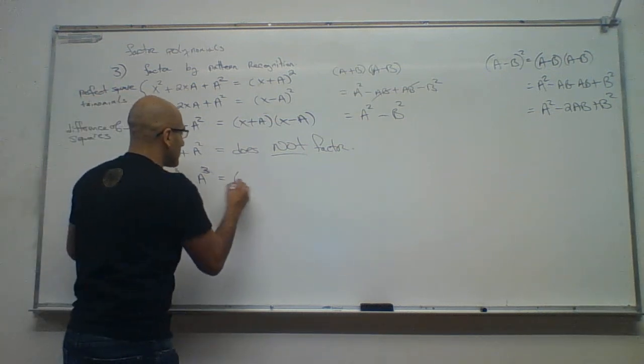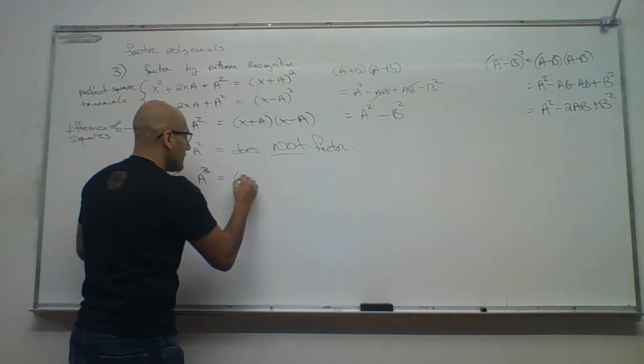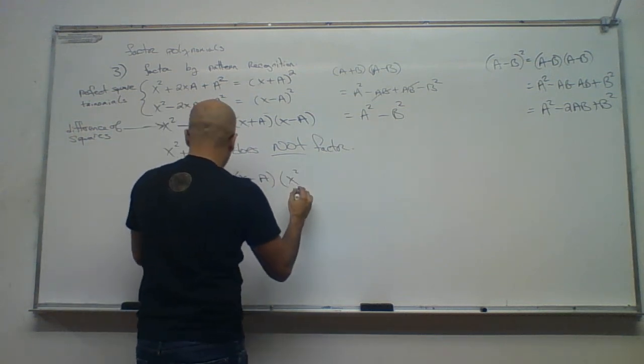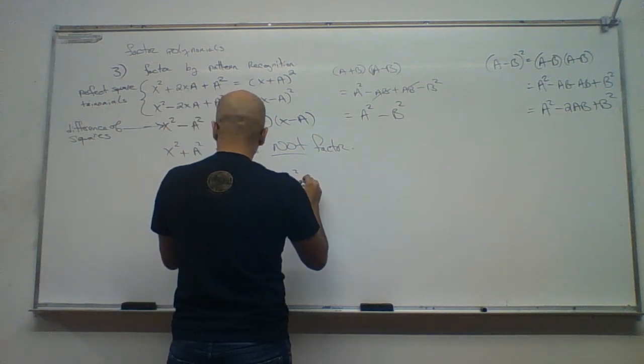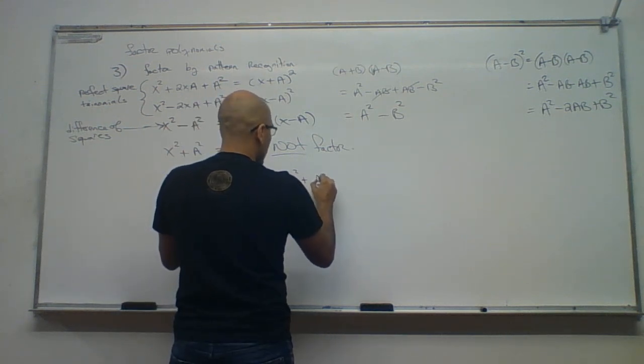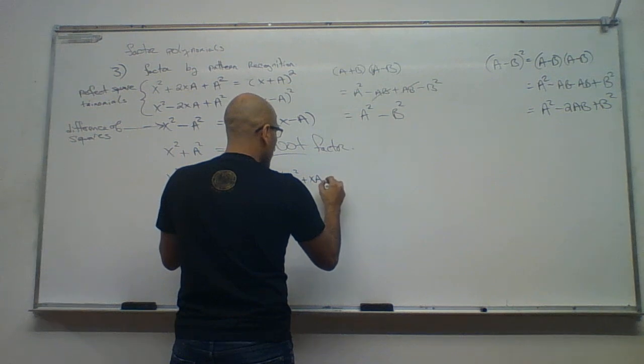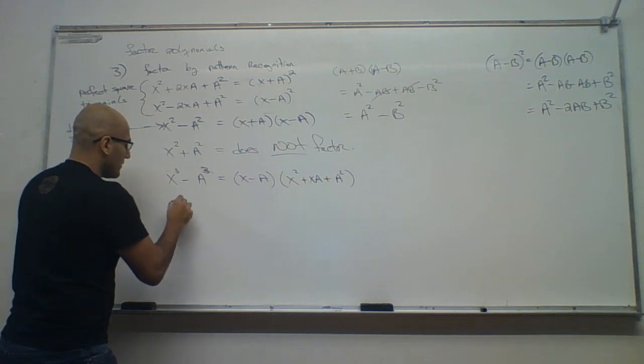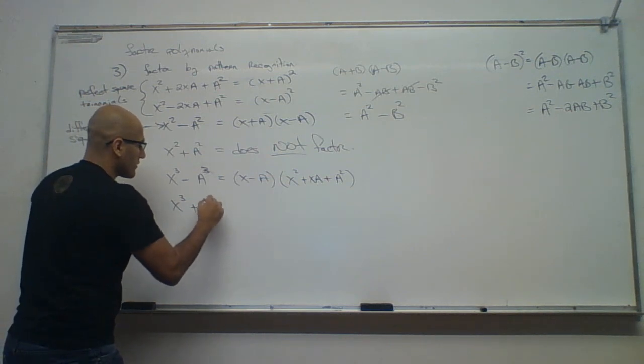I think most people don't expect you to just have this in your back pocket, but it equals this. This is the pattern. So x squared, and then it's going to be plus xa plus a squared, and then also this. Now this does work.